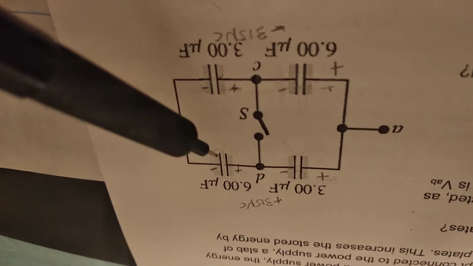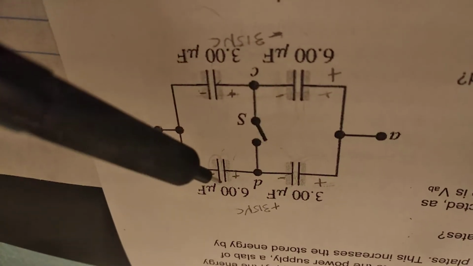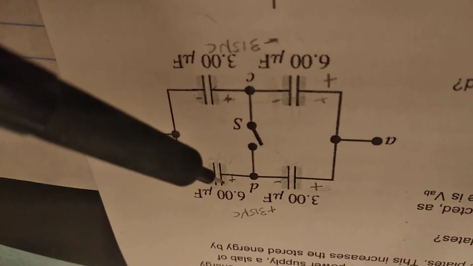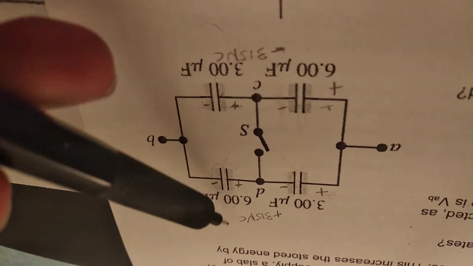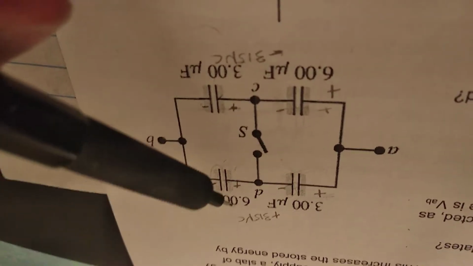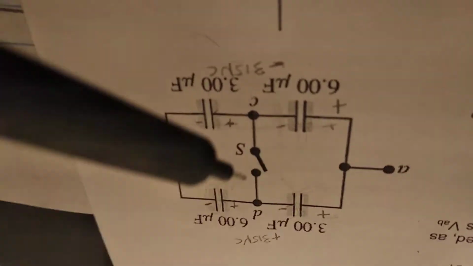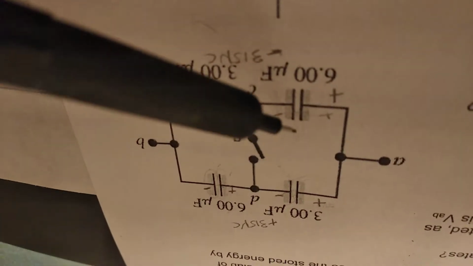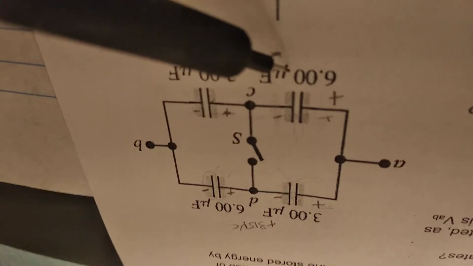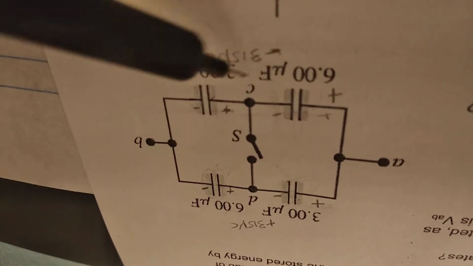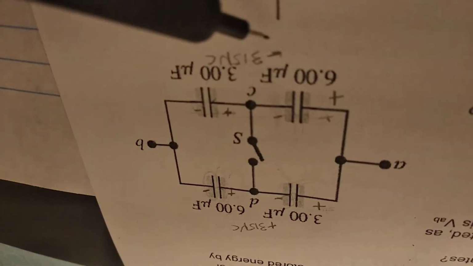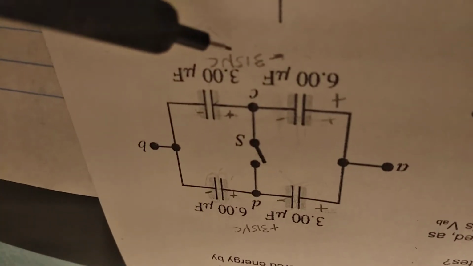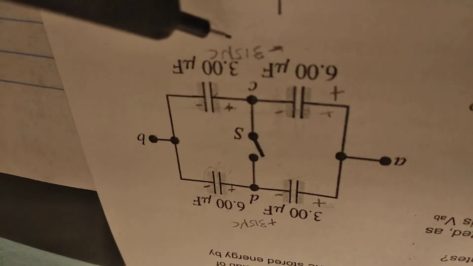And so the net charge on this plate is the voltage times the difference in capacitance, which in this case would be 350 microcoulombs, or 3 times 105. Same here, except that you have negative 6 times 105 microcoulombs here, and positive 3 times 105 microcoulombs here. So you have a net charge of negative 315 microcoulombs worth of charge.